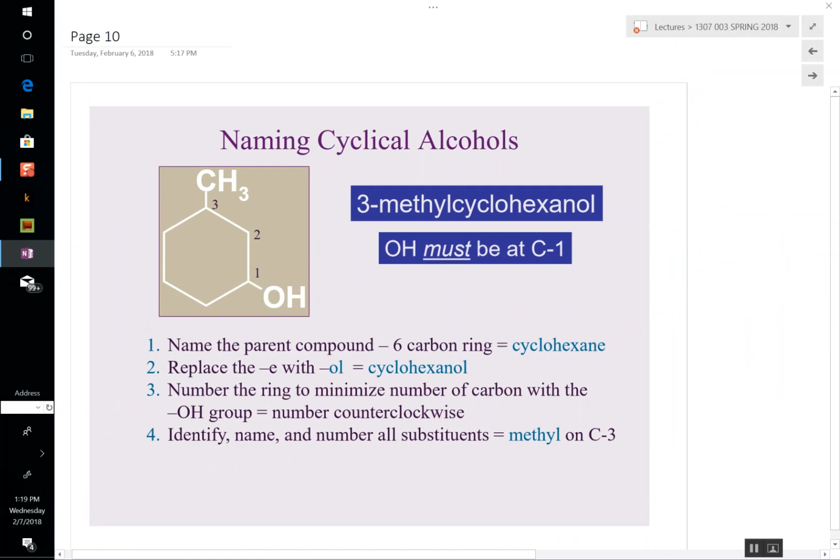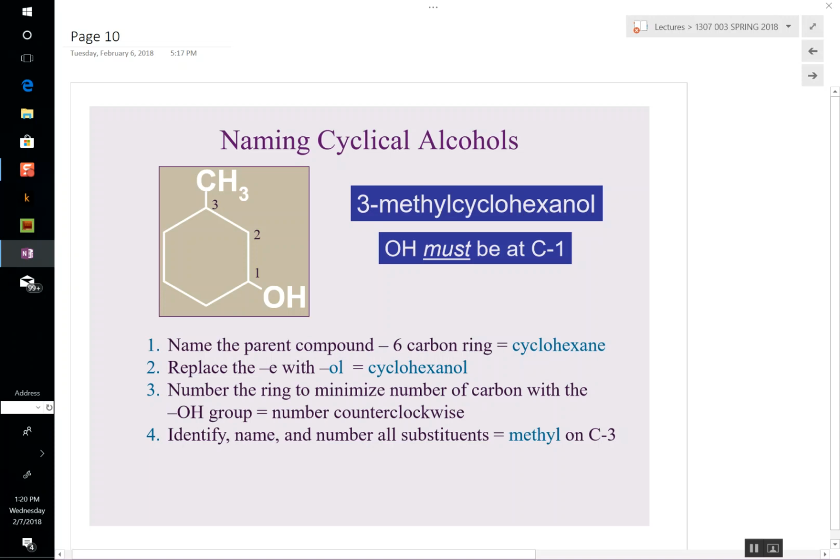So here's a case where we have cyclohexanol. It doesn't have another OH on it. It has a methyl group on it. This is carbon number 1 because we're going to key off of that OH. That's where we're going to start counting carbons. 1, 2, 3. So it's 3-methyl cyclohexanol.